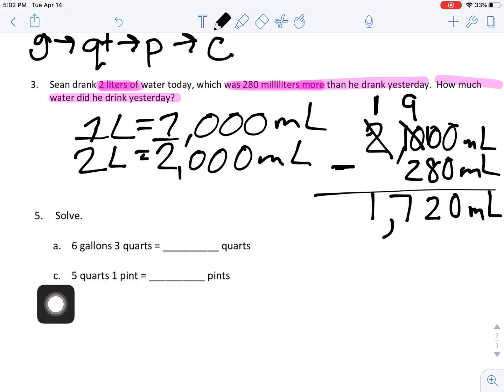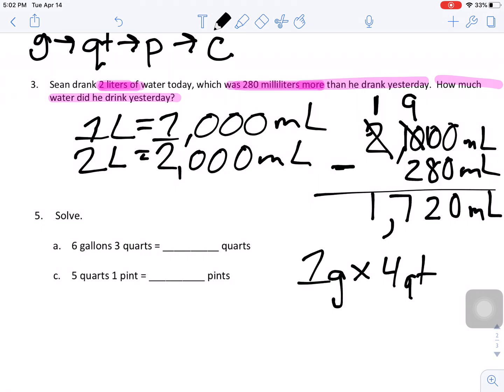Another type of problem you're going to have is converting different units to the same unit. So this is 6 gallons and 3 quarts to all quarts. So you could go back up to your conversion table, or you could use multiplication. I know that for each gallon, there are 4 quarts. So 1 gallon equals 4 quarts.